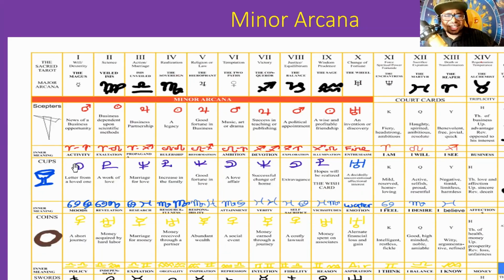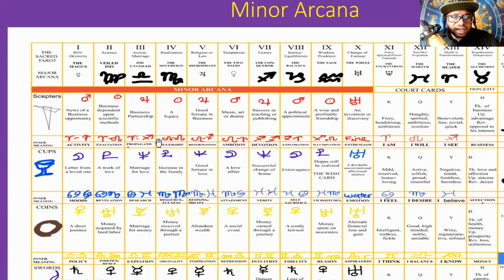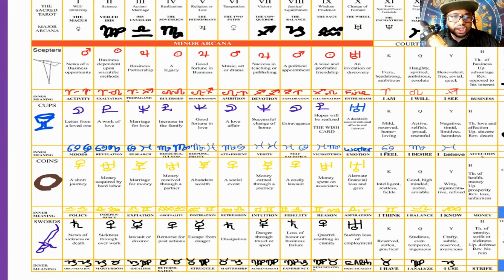And I think I have this later here, but let's deal with it now. The minor arcana is divided up with suits. And these suits are your wands, your cups, your coins, and your swords. Each one of these suits has a certain rulership.